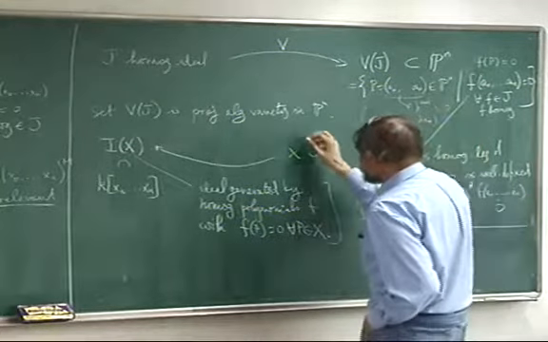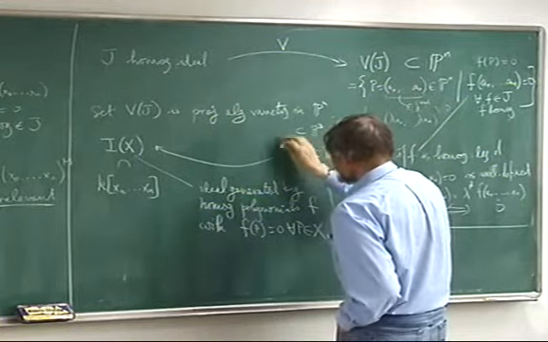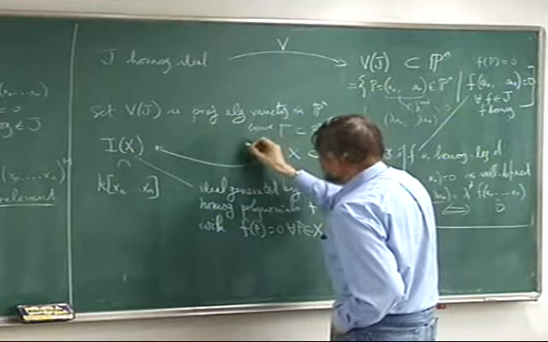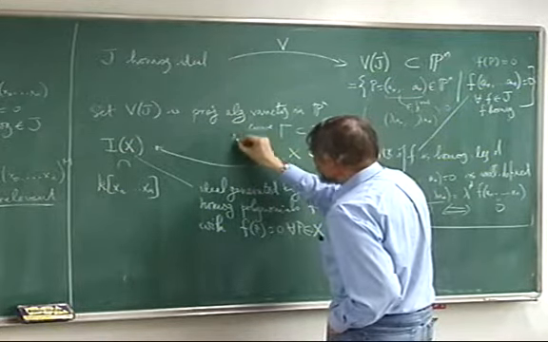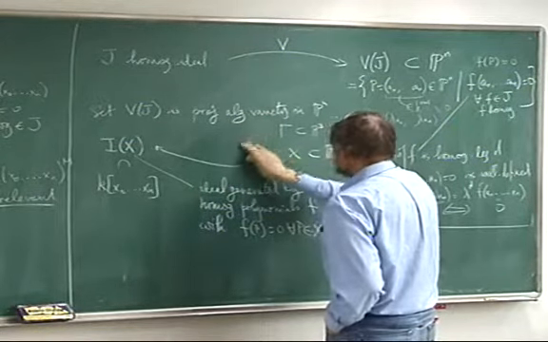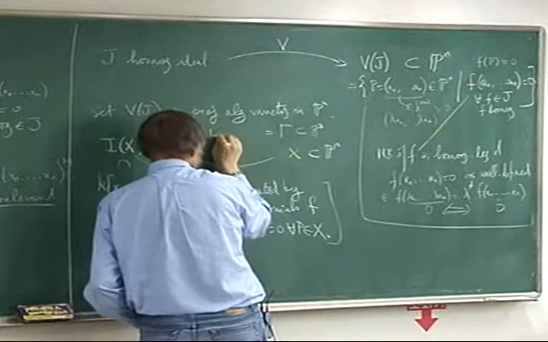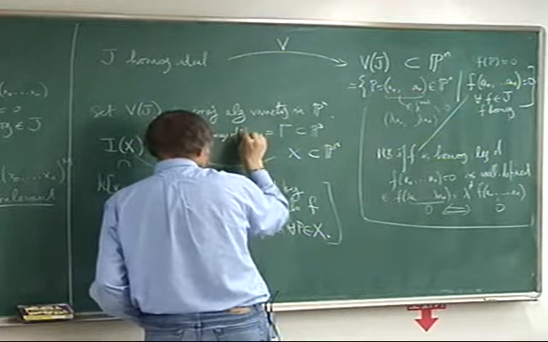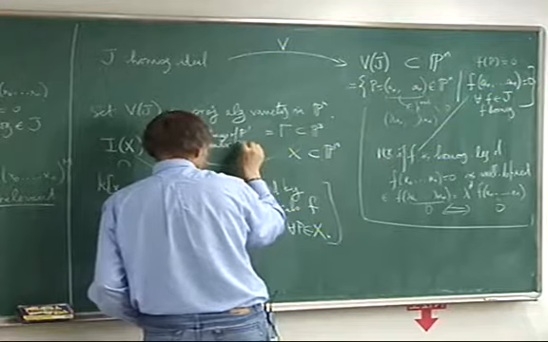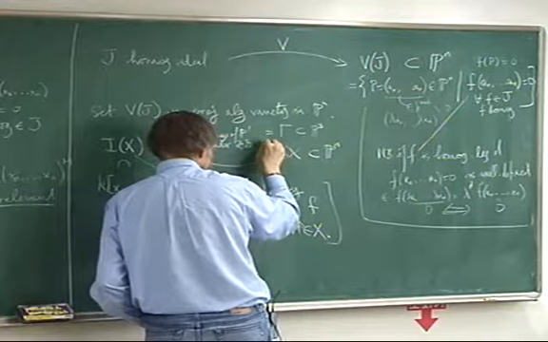If X is one of my favorite things, this curve gamma in P3, let me take gamma equals the image of P1 under u cubed, u squared v, u v squared, v cubed.